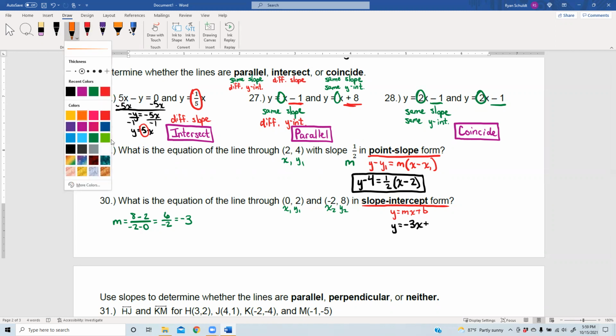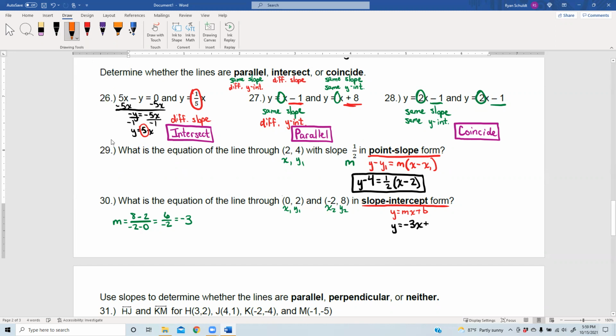Okay, so pick a point. It can be any point. Pick a point, any point. I'm going to pick 0, 2 because, well, YOLO. I can. So I know I have my y here. That's going to be 2 equals -3 times 0 plus b. Well, -3 times 0 is just 0. So that means 2 equals b.